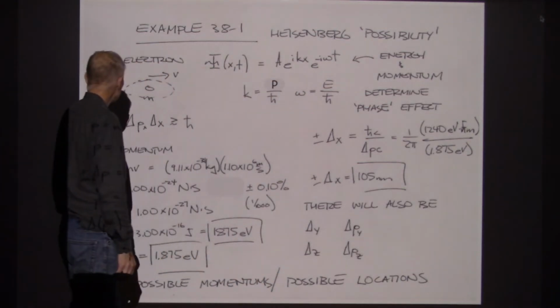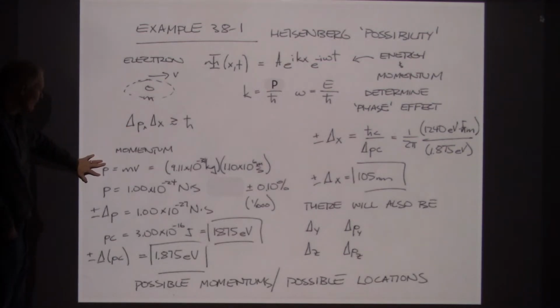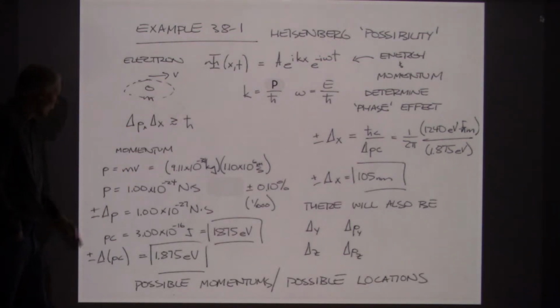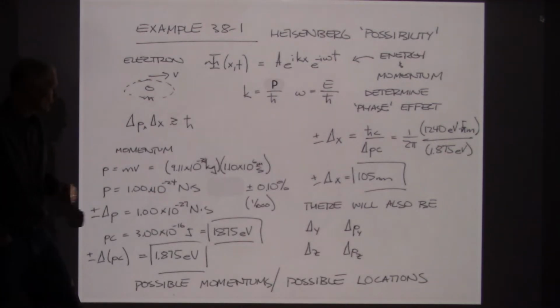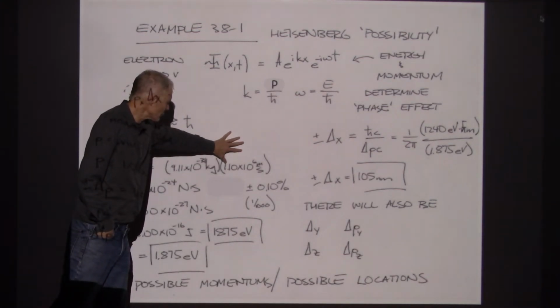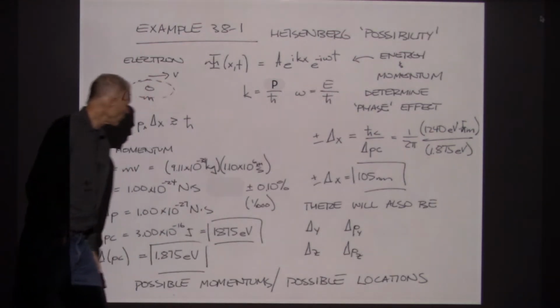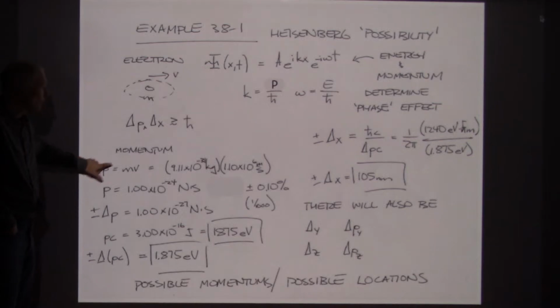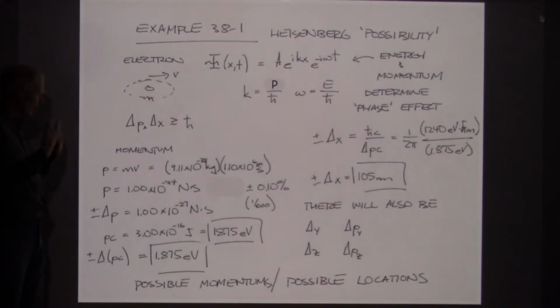So we want to use the Heisenberg uncertainty formula. I'm going to start off by saying that the momentum, m times v, works out to be 1 × 10^-24 newton seconds. I'm just using standard units here. Now this momentum is uncertain. The velocity is uncertain, therefore the momentum is uncertain, to plus or minus 0.1%. That says the particle has a central average momentum of 1.00 × 10^-24, but it also has this uncertainty range.